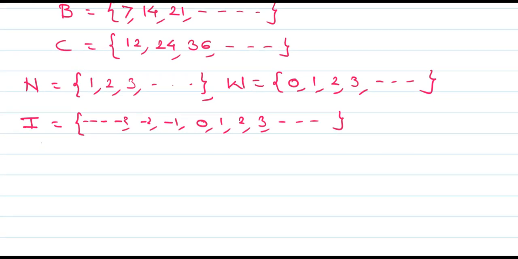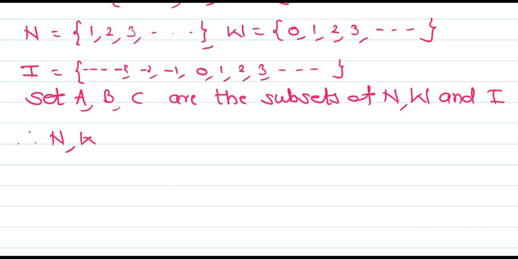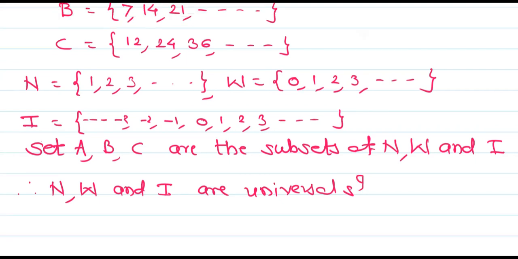Therefore, the sets A, B, C are the subsets of N, W and I. Now the next is N, W and I are the universal set for the sets A, B and C.